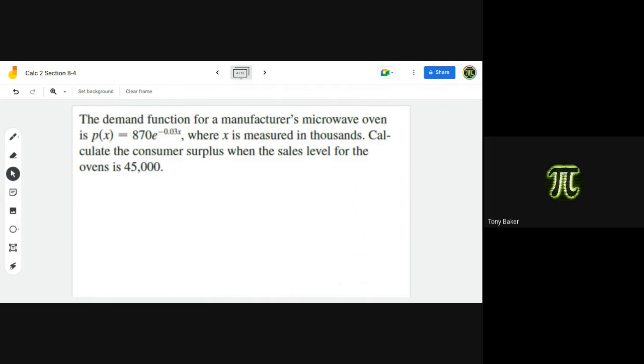No, it'd be way lower, because in essence you would be plugging in 45 million for X.